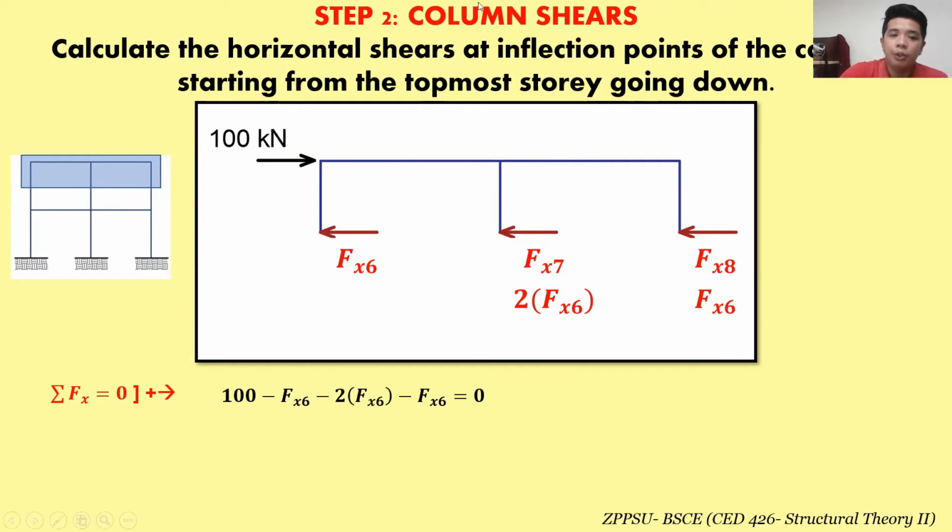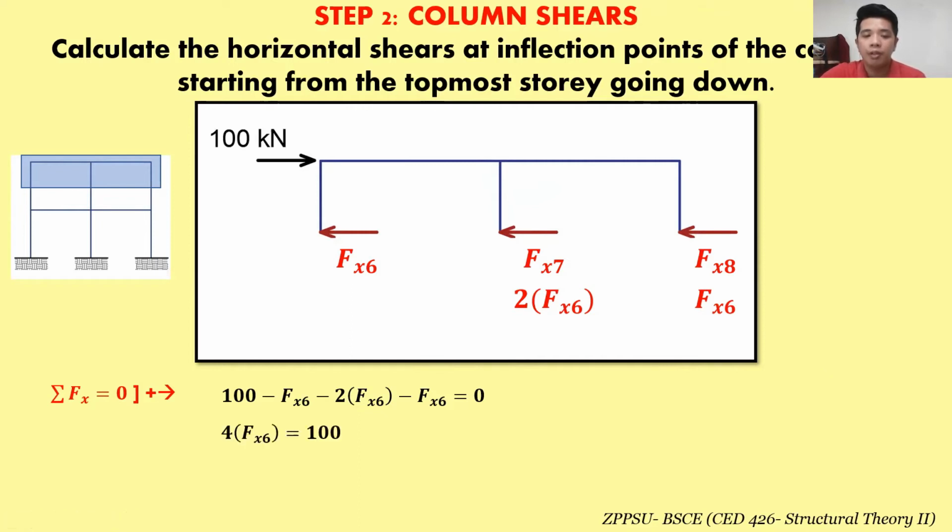So we have 10 to the right, 100 to the right, so that's positive, minus this Fx6, minus kasi to the left, and minus again, kasi yung Fx7 natin is to the left, so negative. At yung Fx6 natin, another Fx6 is to the left, so all in all, equivalent to 0.